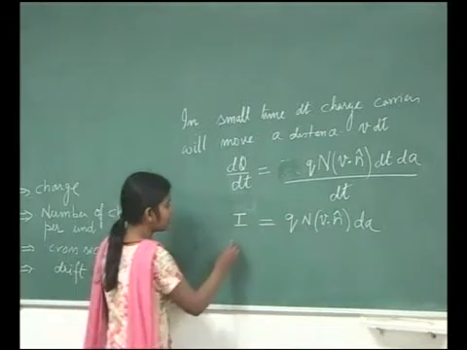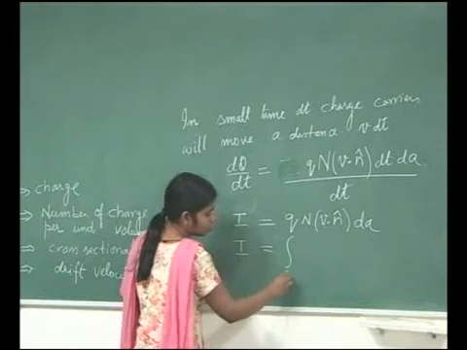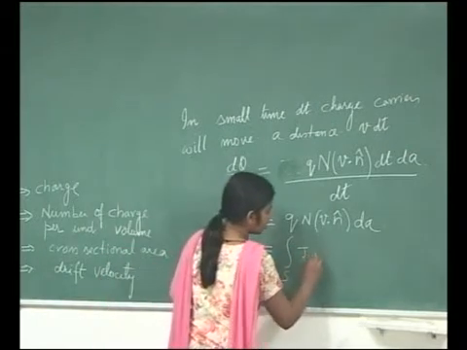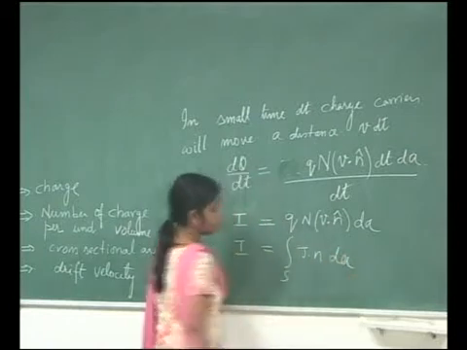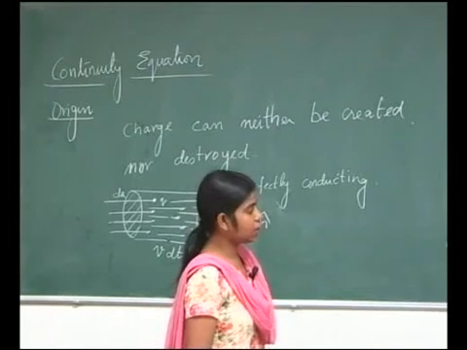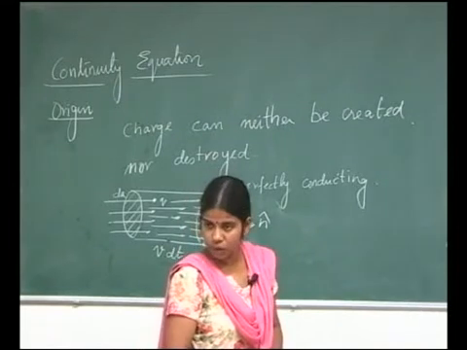So, what I get here is that I is actually equal to the integral over an open surface of J dot n dA.